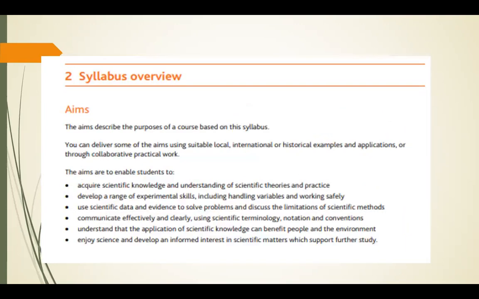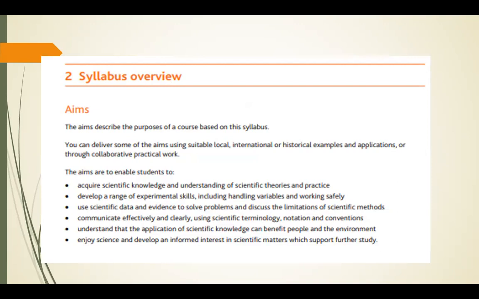So, aim. What is the aim of your syllabus? The aim of your syllabus is that the Cambridge system wants you to understand and to acquire the scientific knowledge, understanding of scientific theories and practices. Now, this sounds like, is it bio? Yes, it is bio.